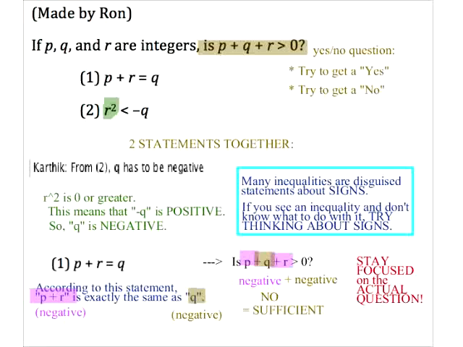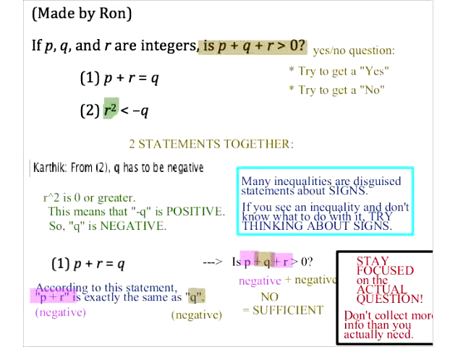Stay focused on the actual question. Like, don't collect any more information than you actually need. Very important, because there's a lot of data sufficiency problems where you can just fall off a cliff if you start finding things that you don't have to find.